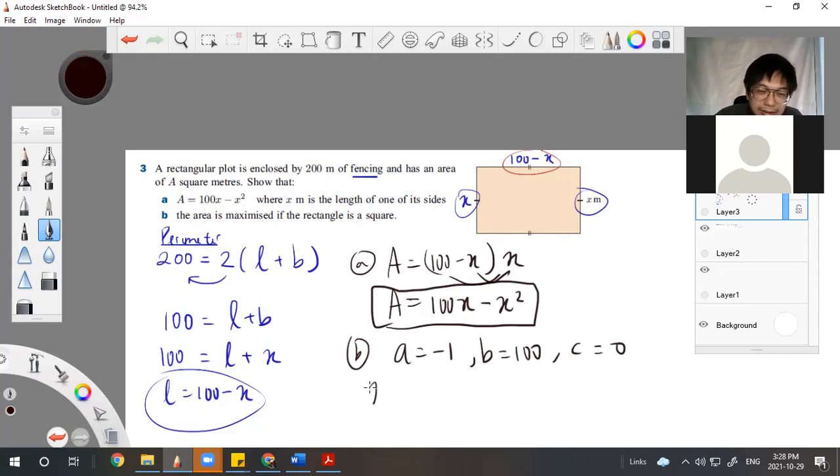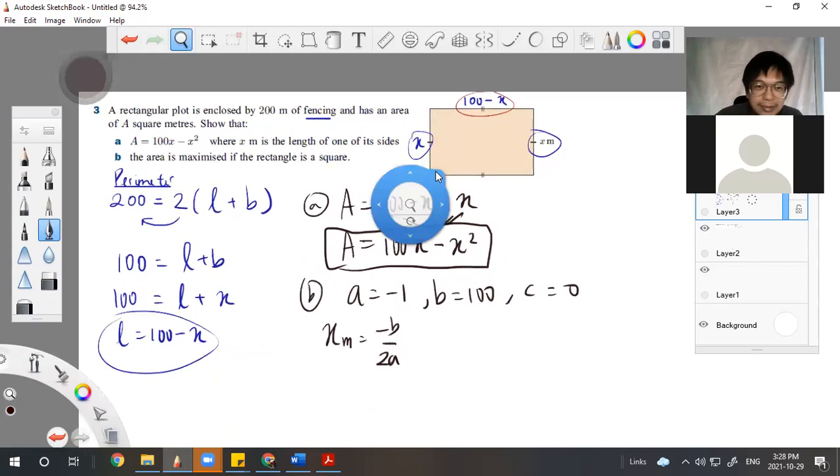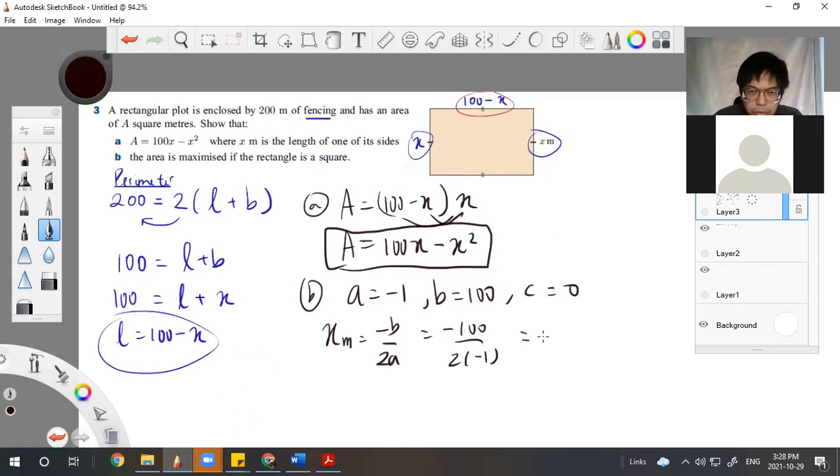And then xm is negative b over 2a, the formula that you have to memorize. So negative 100 over 2 times negative 1, which is 50. If x is 50, then 100 minus 50 is also 50, so the width is 50 and the length is also 50.